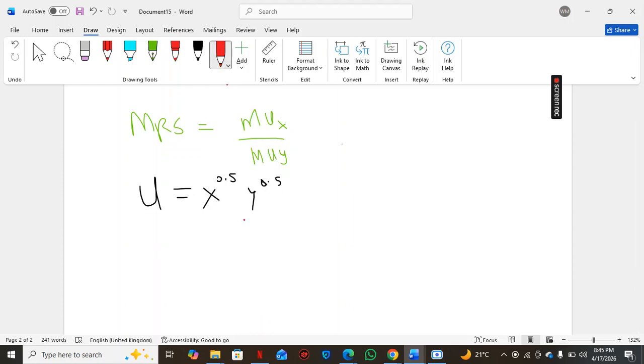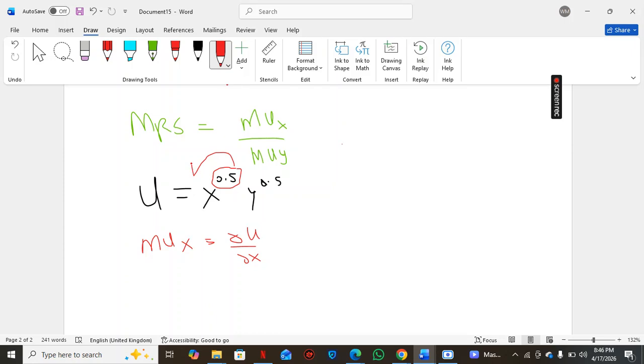Okay, so remember marginal rate of substitution is marginal utility of good X over marginal utility of good Y. So first, let's find the marginal utility of good X, which equals, we're going to partially derive the utility function with respect to good X. Meaning when we derive, we're focusing only on good X. So deriving, remember, multiply the exponent with the number in front.